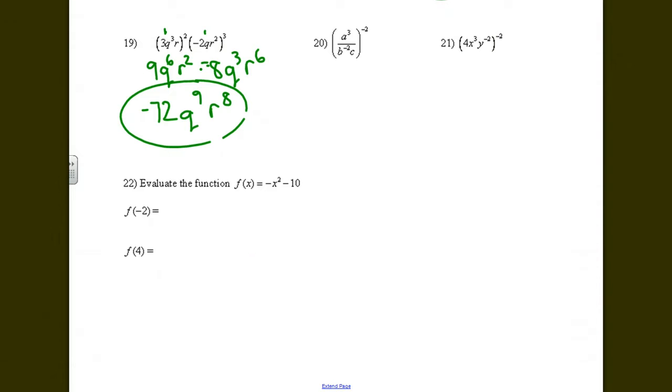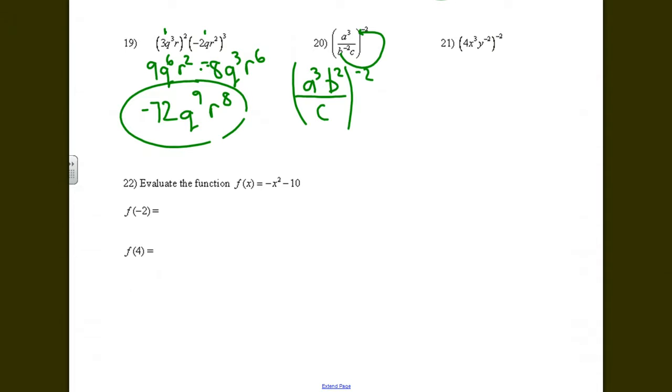Number 20, I have a negative exponent, so I'm going to move that up to the numerator. And I'll rewrite that as a cubed b squared over c, all of that to the negative 2nd power. Okay, now if I have a fraction to a negative power, I can take the reciprocal and make the power positive.